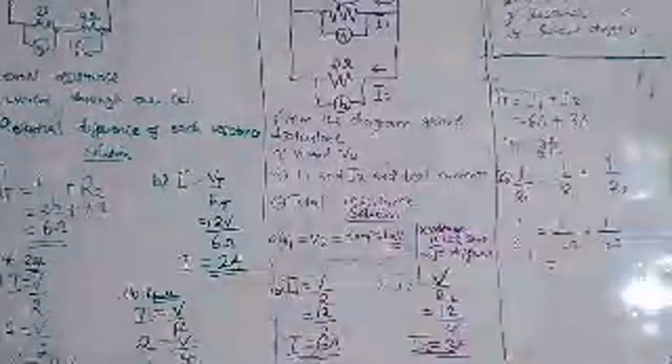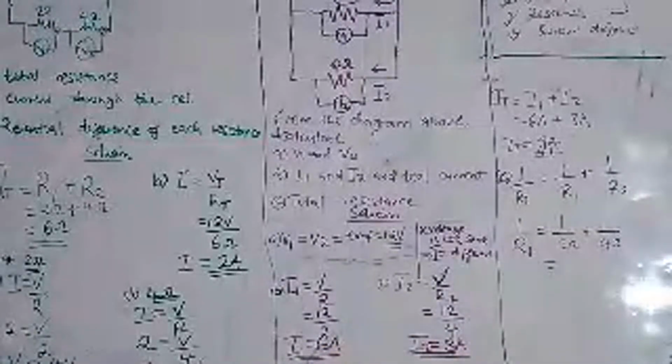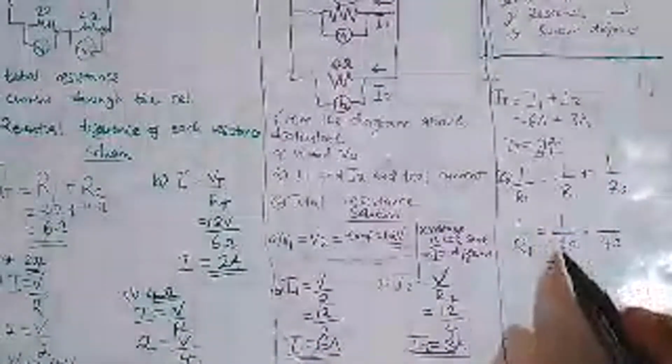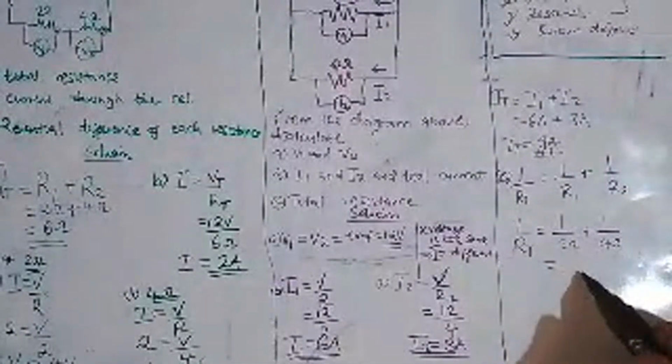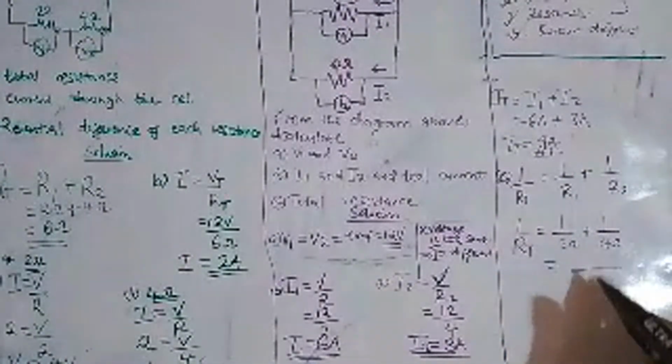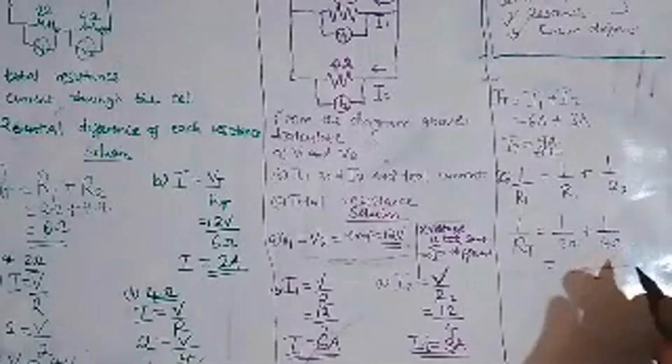Then remember, when we are adding fractions, we find the common denominator. What is the common denominator between 2 and 4? The common denominator between 2 and 4 is 4.